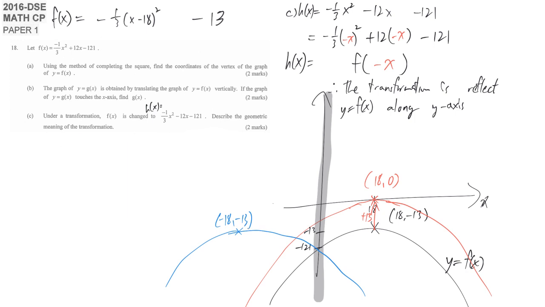But however, there is another method to solve these questions. Part C, negative 1 over 3 x squared minus 12x and then minus 121. It's the same logic that we try to use f(x) to express this function. Another method is we try to perform completing the square again on this function.